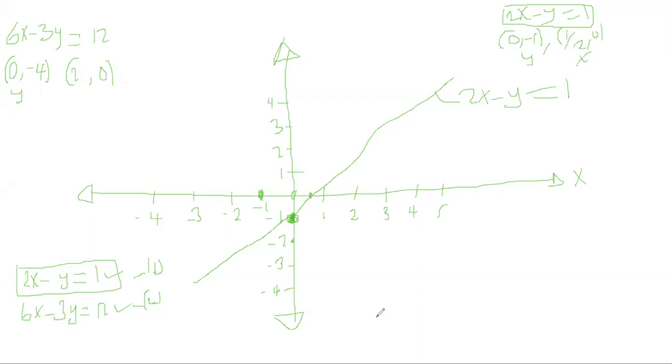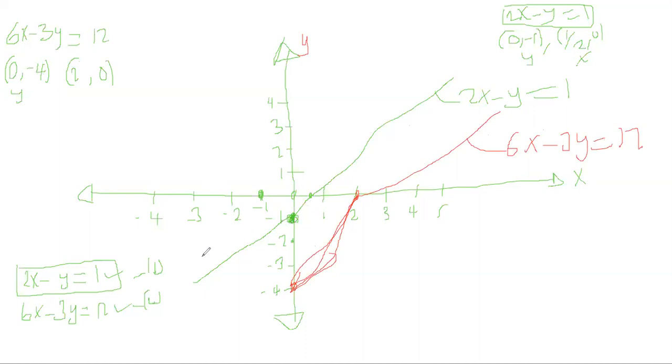So when x is 0, y is -4, which is here on the y-axis. When y is 0, x is 2. So you will have a line like this, crossing something like here. So we have 6x minus 3y equals 12.